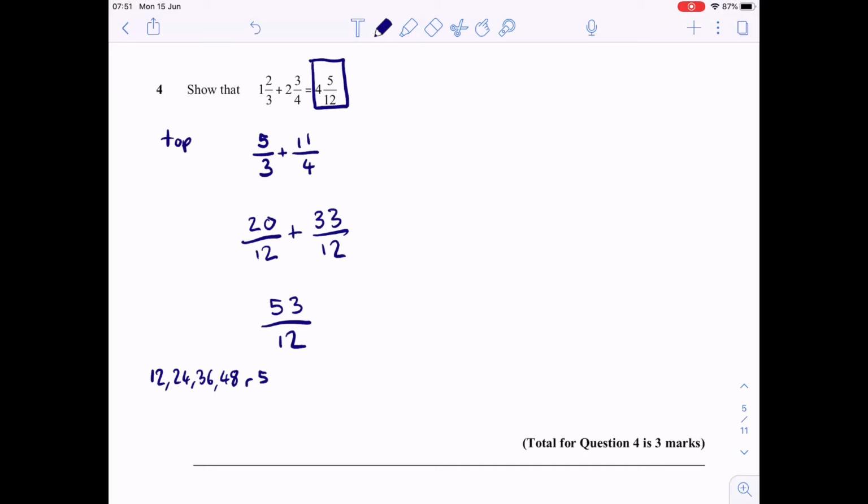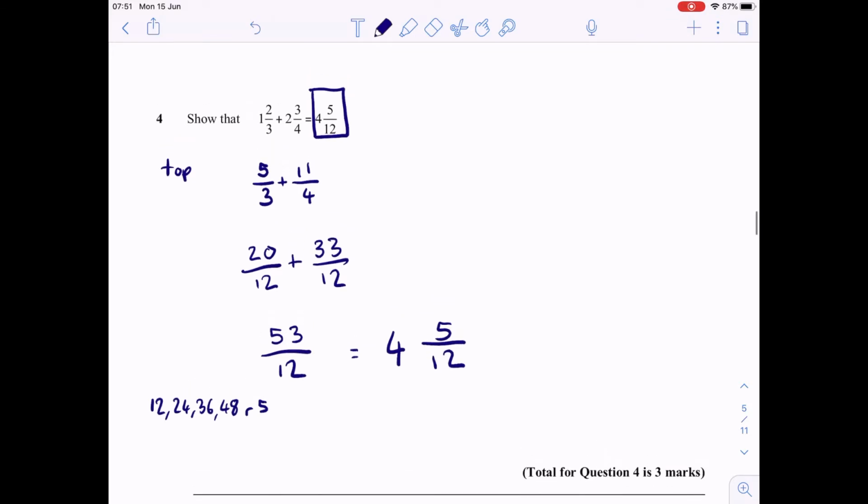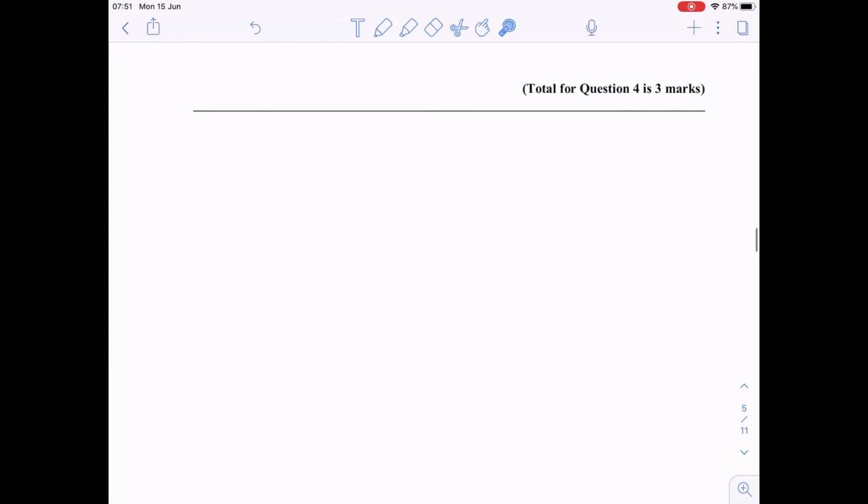So that will mean this equals 4 and 5 still to be divided by 12. So I have shown that by going from my left-hand side, I have now got my right-hand side, 4 and 5/12.